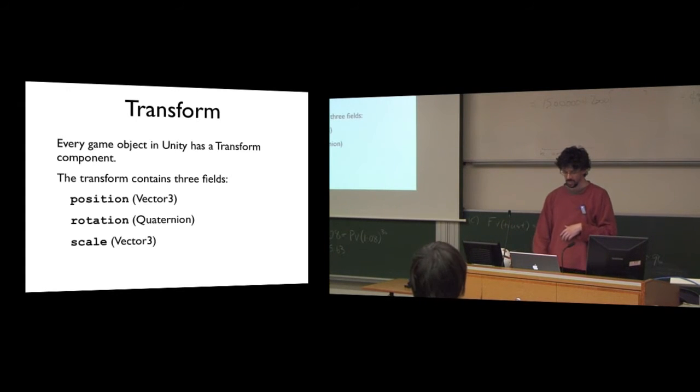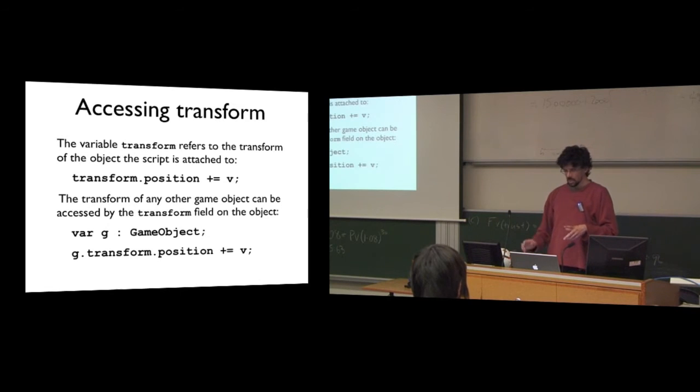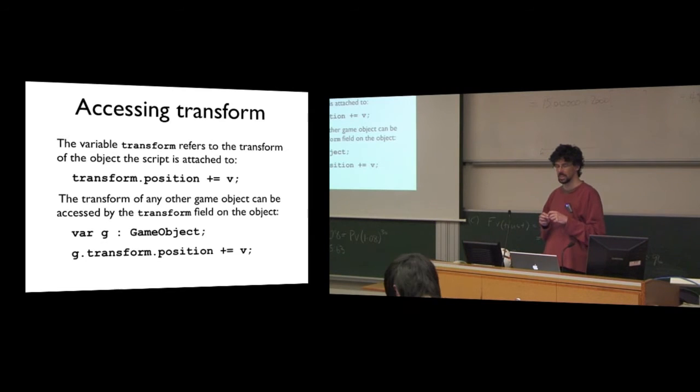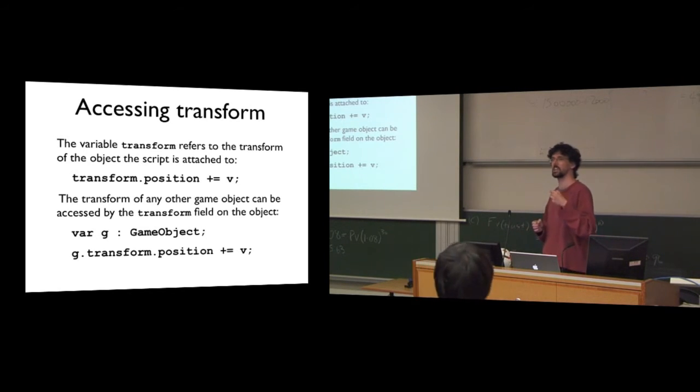To get at this transform in our code, we have a variable. In any script, there's a variable called transform, which accesses the transform component of the current object. So whatever object has the script attached to it, the transform variable will give you access to that transform.